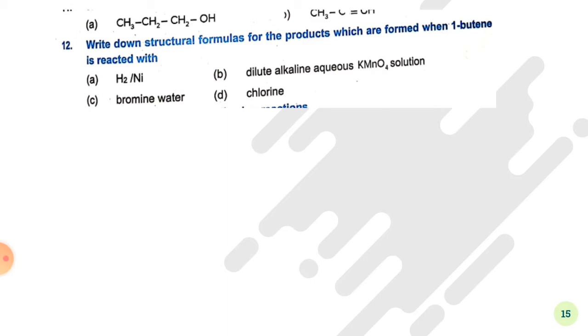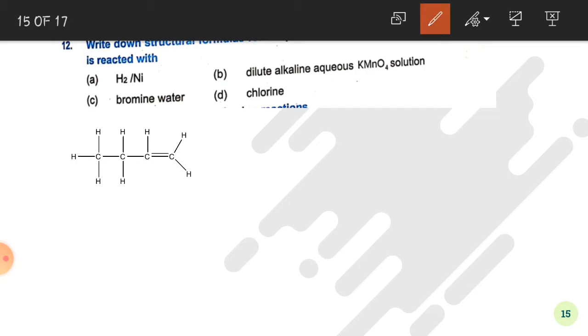Write down the structural formula for the products which are formed when 1-butene is reacted with the following. Now let's do it one by one. In the first reaction, you are reacting it with hydrogen in the presence of nickel, so there automatically you will learn that this is a hydrogenation reaction.